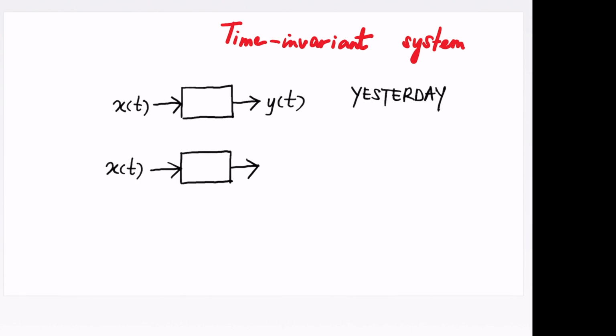In this simple example, if yesterday a system produced y(t) as the output from x(t) as the input, and today the system still behaves the same, given input x(t), the system produces the output y(t), and the same goes for tomorrow and the day after tomorrow and so on.